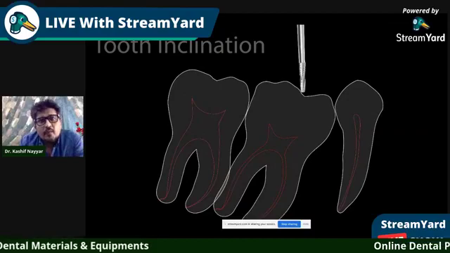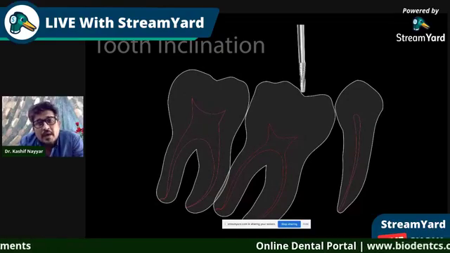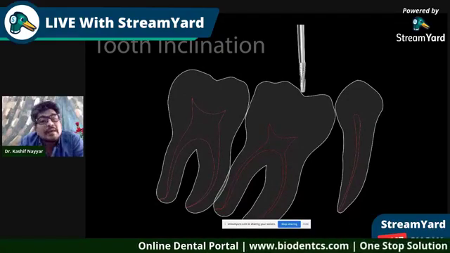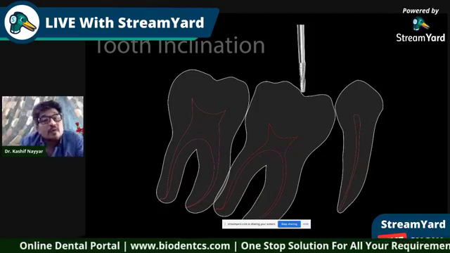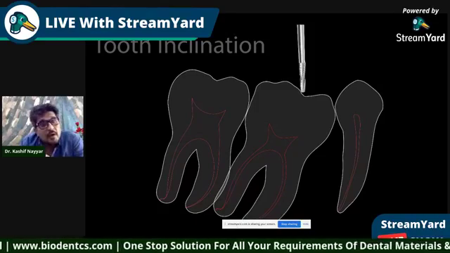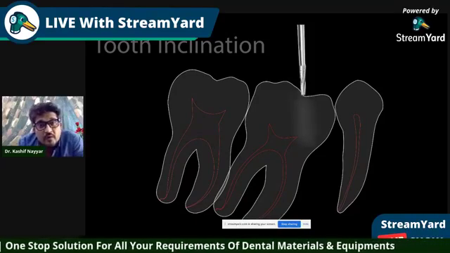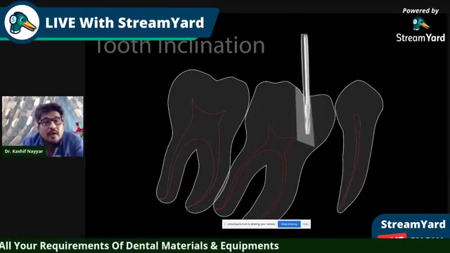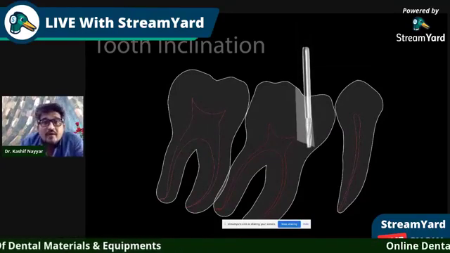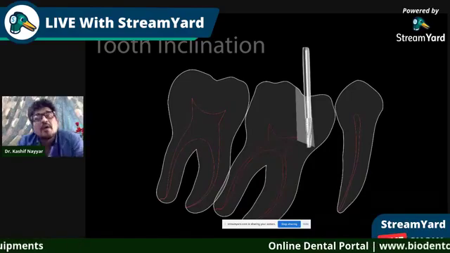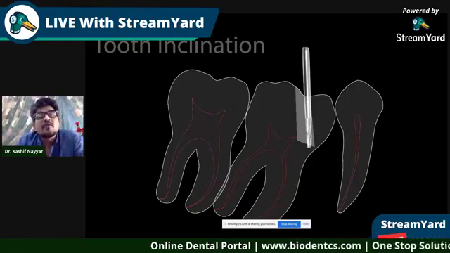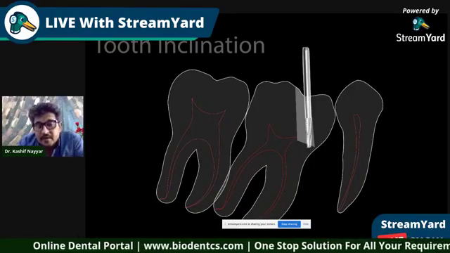So the most important thing is the determination of the inclination, because the iatrogenic events related to the access opening occur because of unawareness of the 3D position of the tooth. Is it straight or is it slightly tilted?